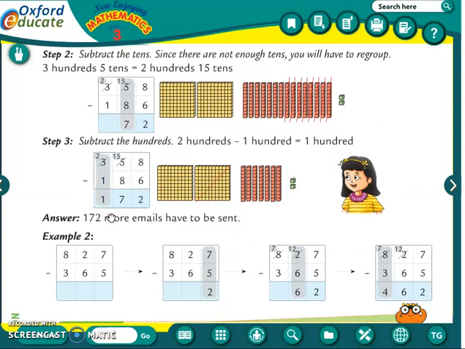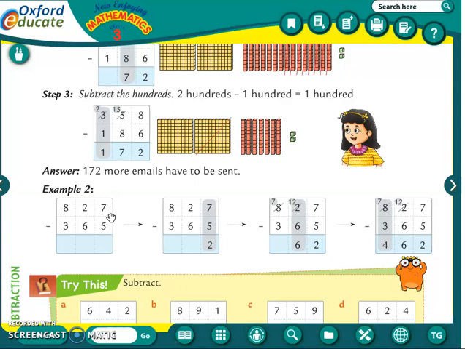Now we will see one more example. 827 minus 365. So as you know, and don't forget about it, that we have to start from the ones place. So we will do 7 minus 5 is equal to 2.